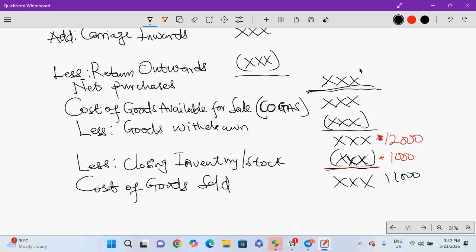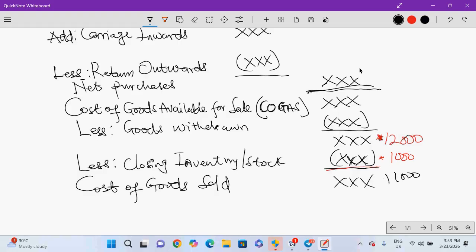If in the warehouse, when we are about to start selling, you say, Kojo, go and check the warehouse. How much do we have now? We are having 12,000 worth of goods. Okay.